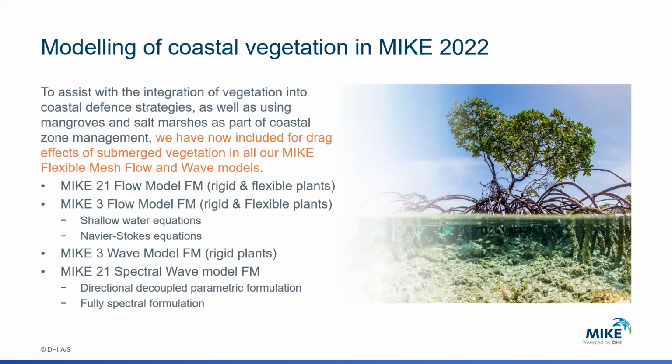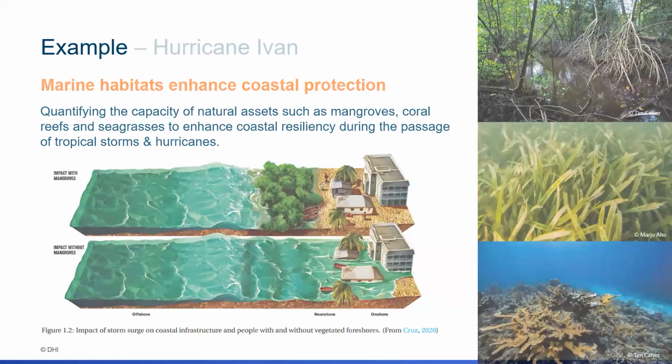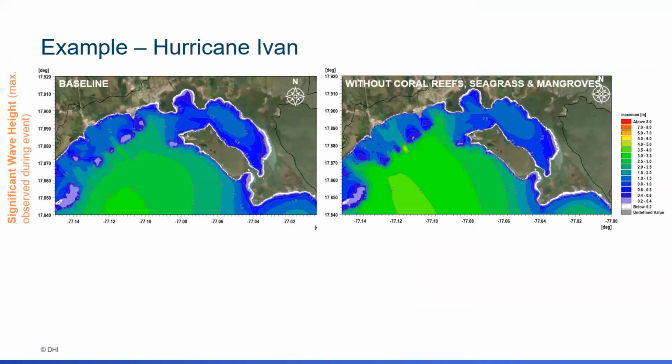So that's great. An example of this, this is from the Old Harbour Bay in Jamaica. Here we were looking at two baseline conditions, one for hydrodynamics, water levels, and one for spectral waves. And if I give you the results of this, you can see that with coral reefs and seagrass and mangroves, etc., so with the coastal vegetation, that's the baseline, we had lower significant wave heights near shore.